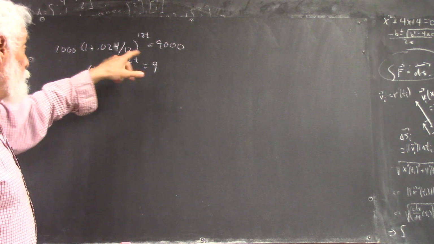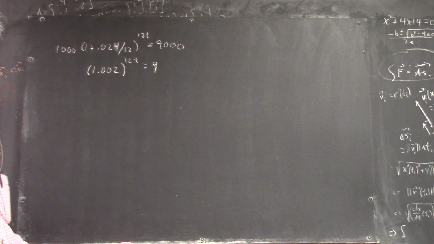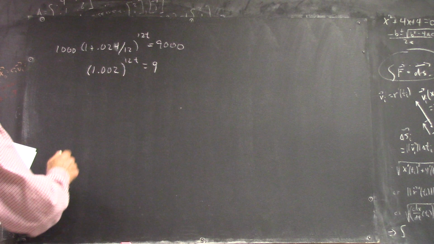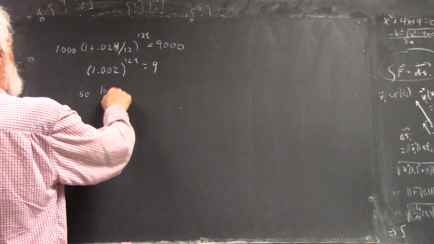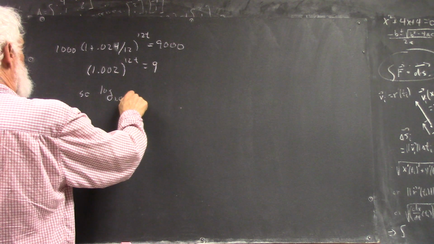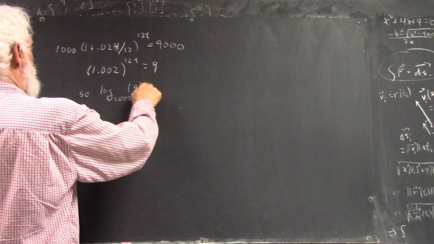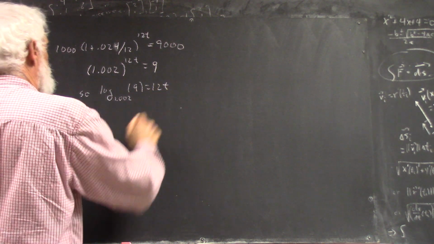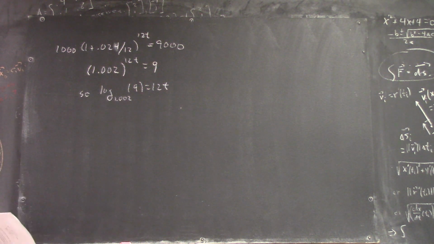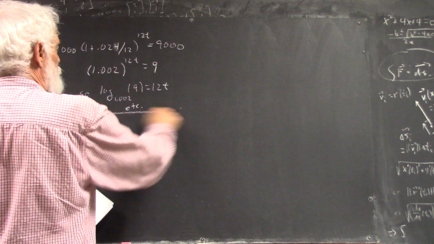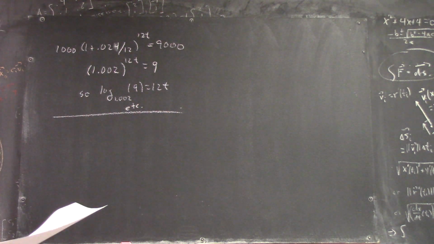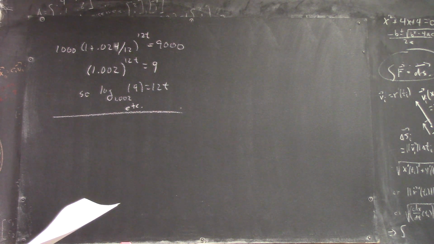And then 0.024 divided by 12 is just 0.002. So log base 1.002 of 9 equals 12t. Sure you know how to do that. Almost guaranteed that you'll see it.